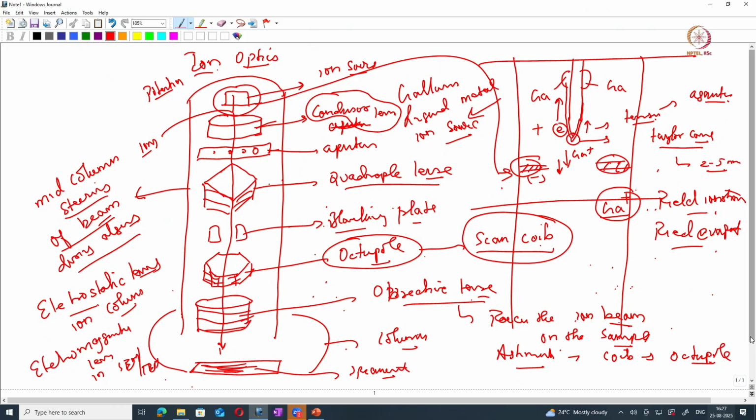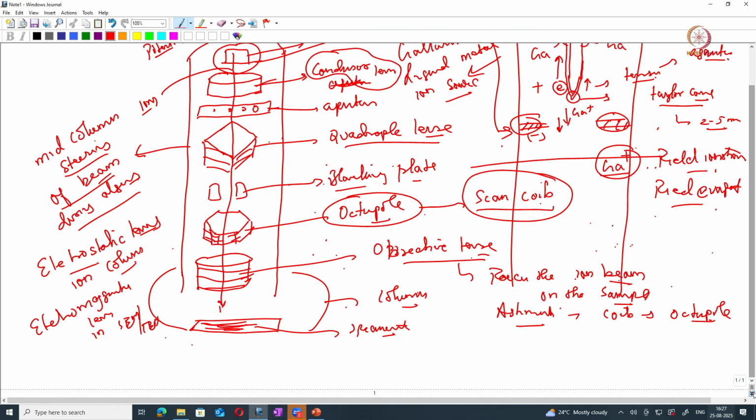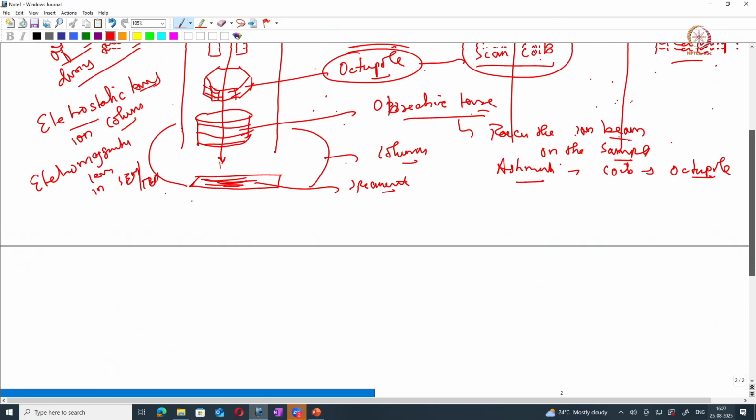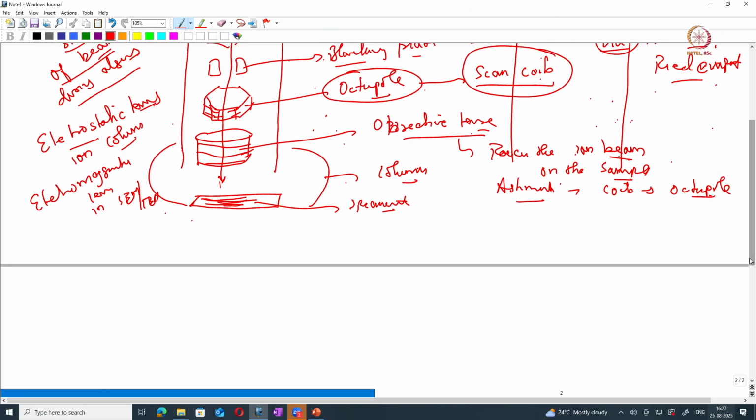Okay, this difference is due to the difference in the source. So in electron microscopes you use electrons for your imaging or for the interaction of your electrons on the sample surface, in SEM or TEM.